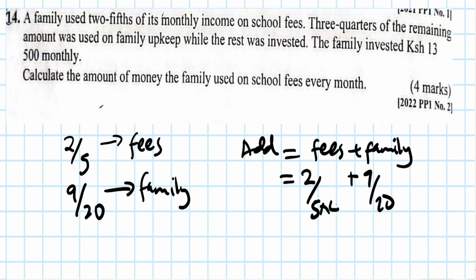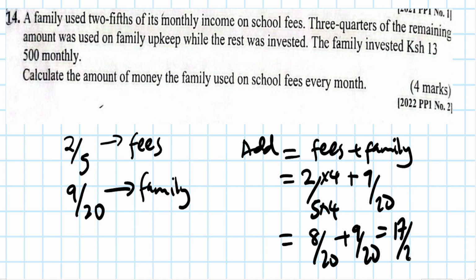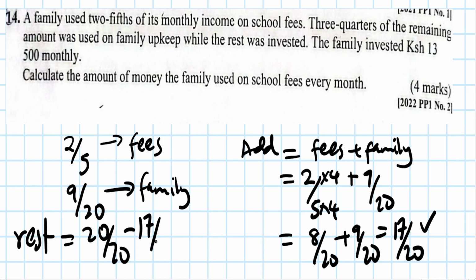I multiply by 4 so that it becomes 20, so it's 8 over 20 plus 9 over 20, which is 17 over 20. They said the rest was invested. The rest is 20 over 20 minus 17 over 20, that is 3 over 20.